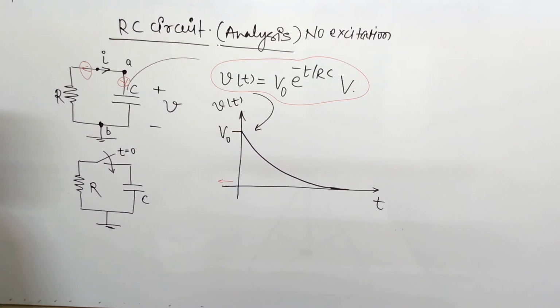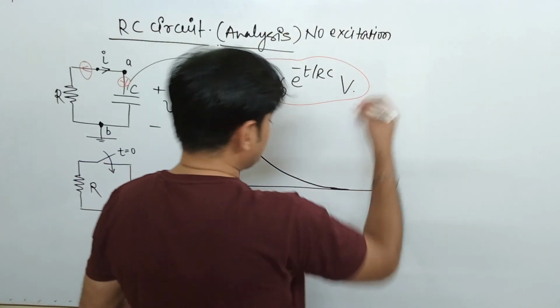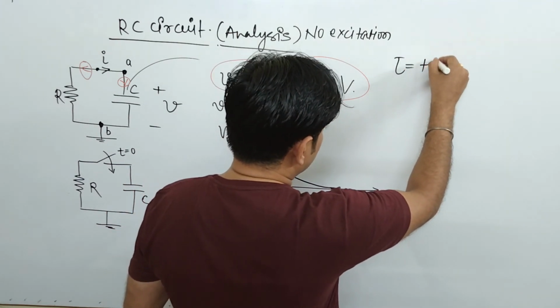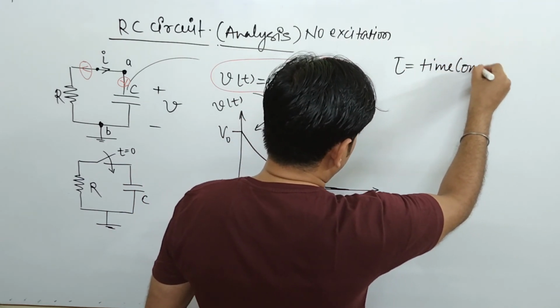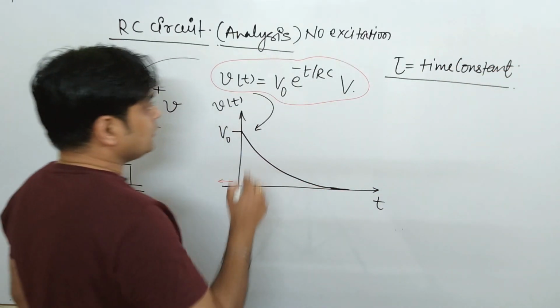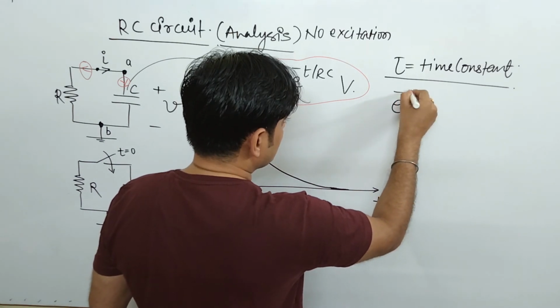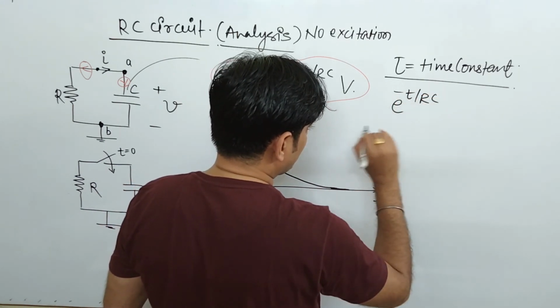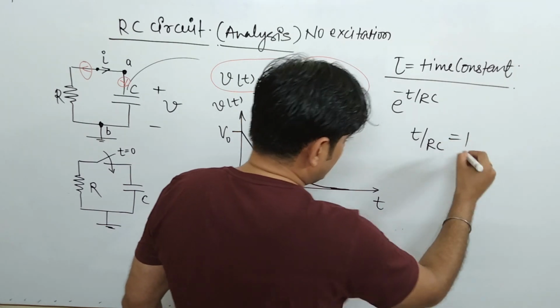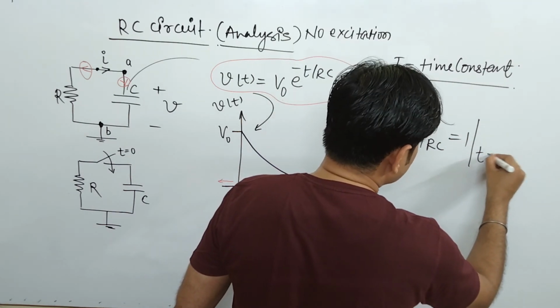Now the important point is, what is the mechanism of discharging? The important term here is tau, which I call the time constant. If you see the term e to the power minus t by RC, and I consider t by RC equal to 1, that is the condition when t is equal to tau.